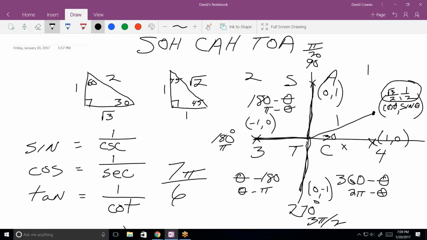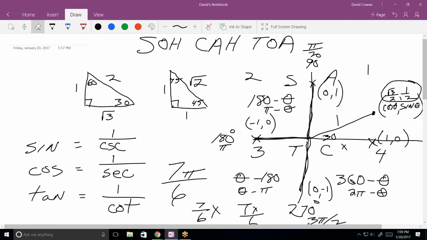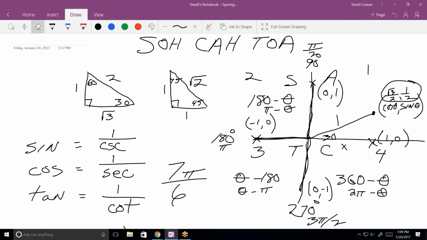But you never convert that to a number. So typically with algebra, I would say 7/6x. I would not say 7x over 6, even though they're the same thing. But in algebra, I'm going to multiply 7/6 by whatever x is. Whereas with trig, you're not going to do that. You're going to leave it as 7 pi over 6. You might convert it to degrees, but you're not ever going to multiply 7/6 times pi.